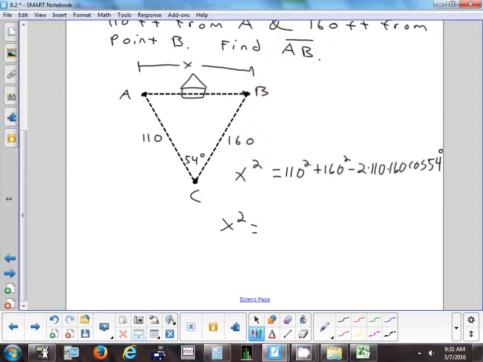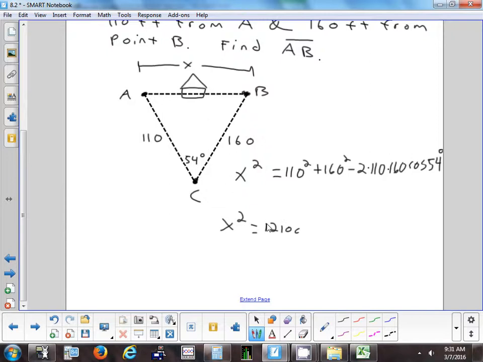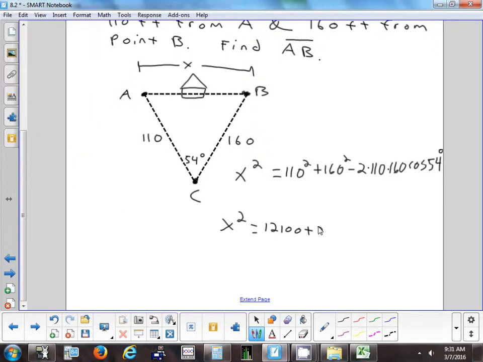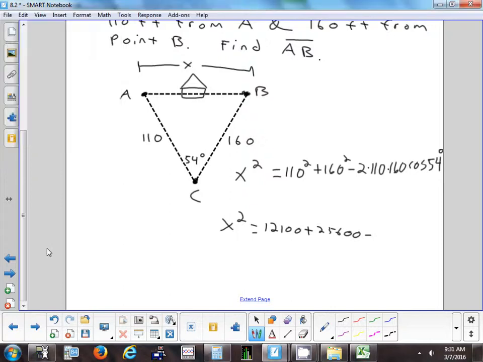All right, so I'll do the first step, and then if people need me to keep going, I can. So we got 12,100 plus 25,600 minus 2 times 110 times 160, which is 35,200, times cosine 54.